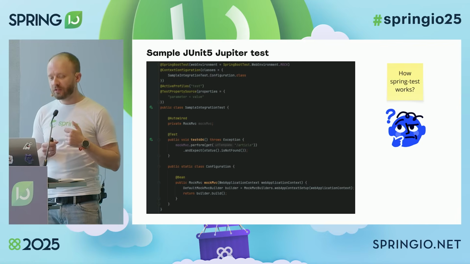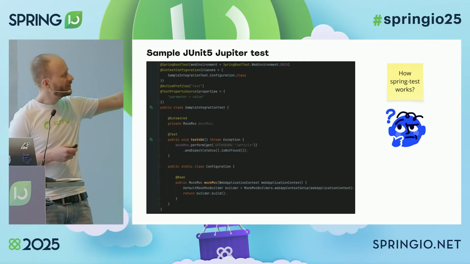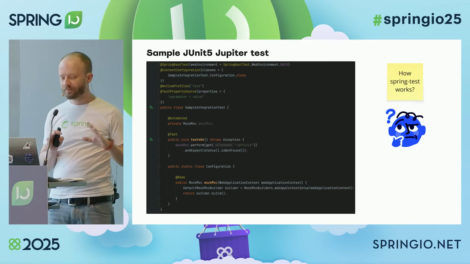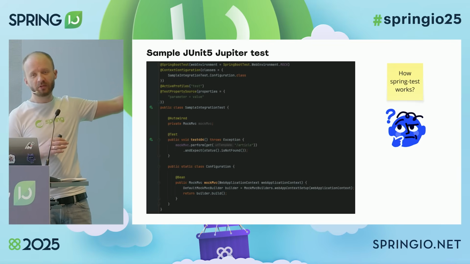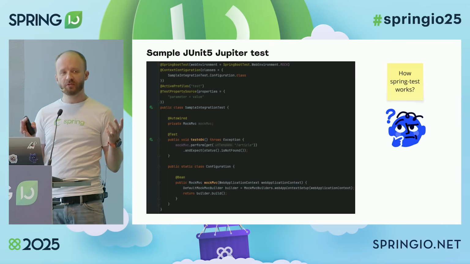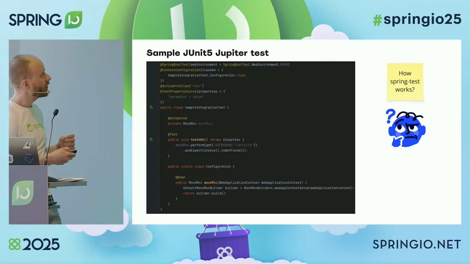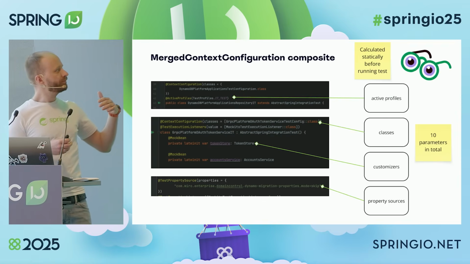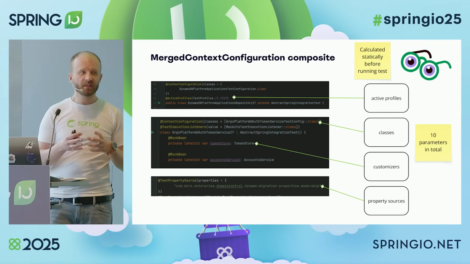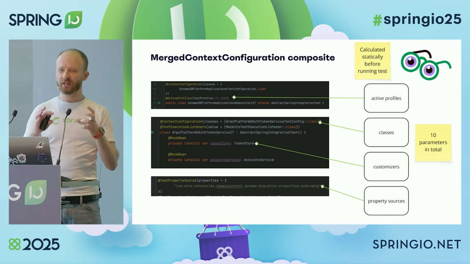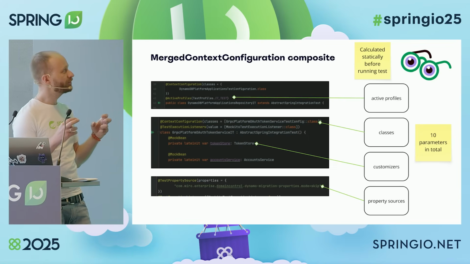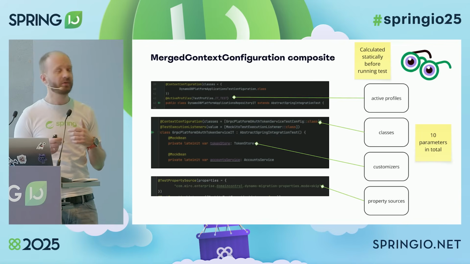So let's take a closer look. If you don't see it in more detail, don't worry. Just take a closer look at how Spring executes a Spring test. In the very beginning, it analyzes some kind of static signature of our test.